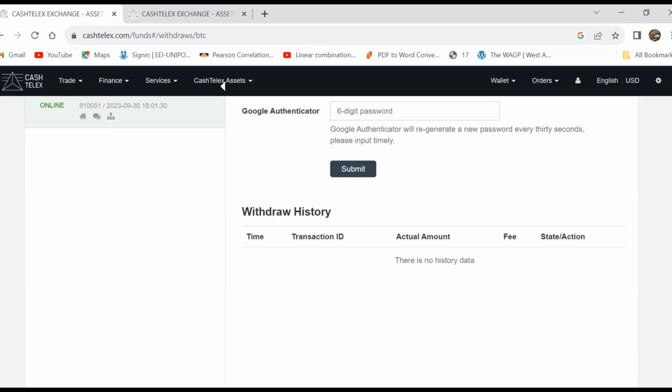I want to use this opportunity to tell all the CashTelex family, please, let's be encouraged to accumulate more and more CashTelex, because we are sitting on a gold mine. You know what they call a gold mine? By the time the ecosystem comes into full operation, I'm telling you, you will be amazed. We have so many things. Is it CashTelex Gold?